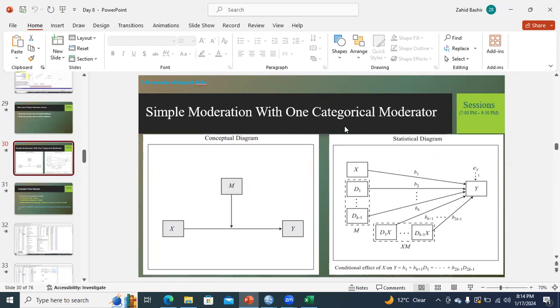So how can we analyze such data where your moderator becomes categorical? Here you need to understand that, as I have explained in my previous sessions on different cases of regression, whenever you are using a variable with multiple categories, especially an independent variable, you may need to create some dummy variables.